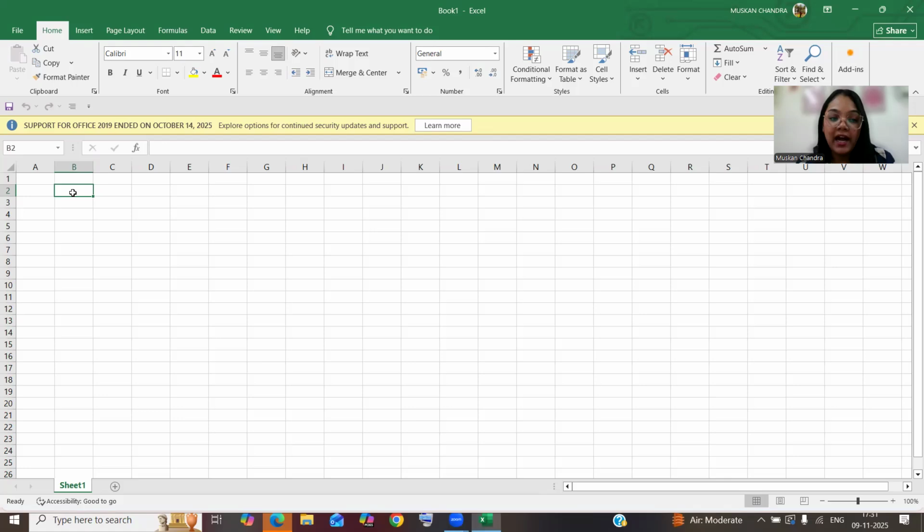So now let's start building the model. First we'll enter the input data. These are the assumptions that we will be taking for the loan amortization.